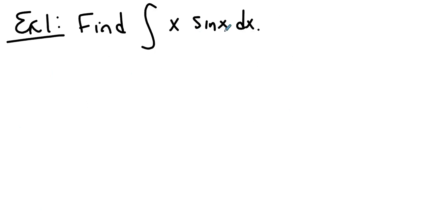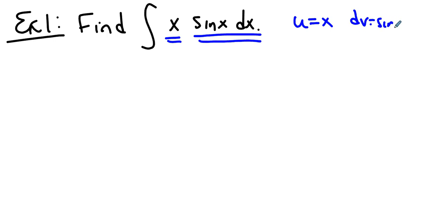So you have no idea what the antiderivative of x sine x is. So we're stuck. What are we going to do with that? Well, what we're going to do is let this part be the u part, and then the rest of this is the dv part. So from u, we get du. If u is x, the derivative of u with respect to x is 1.